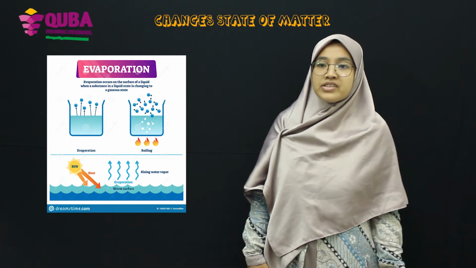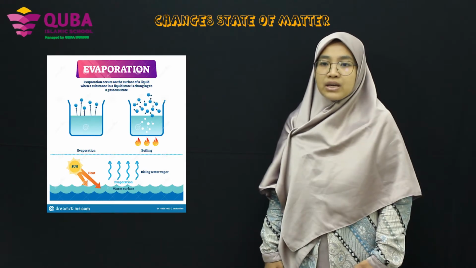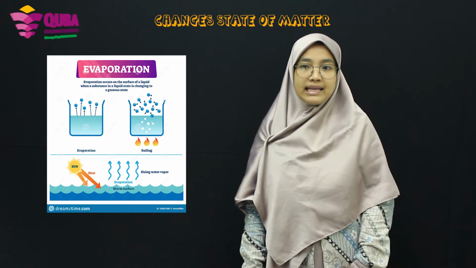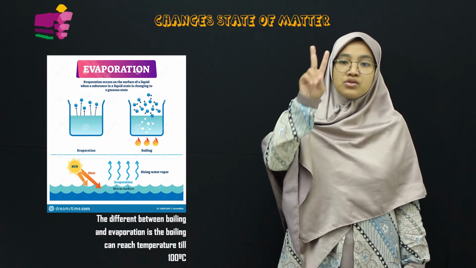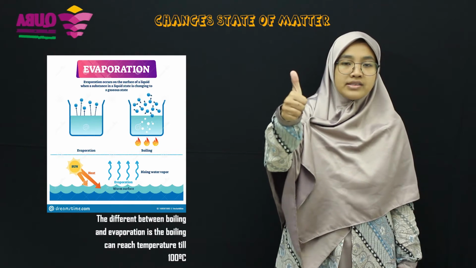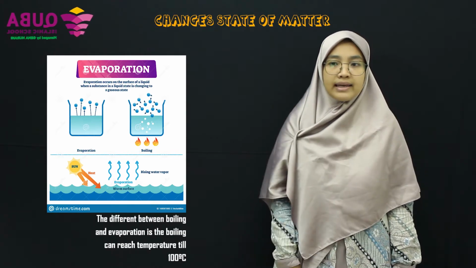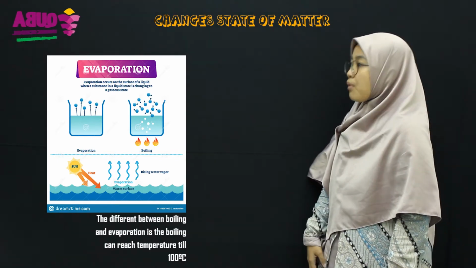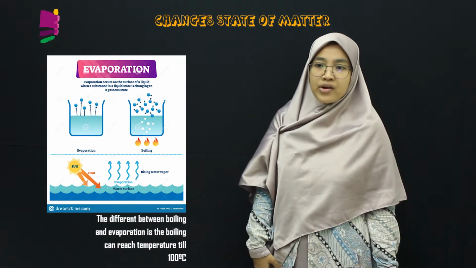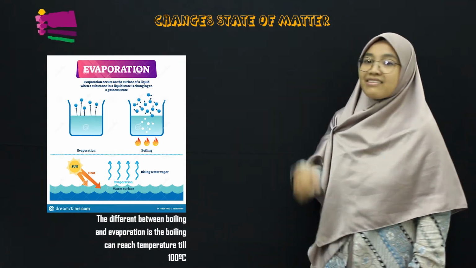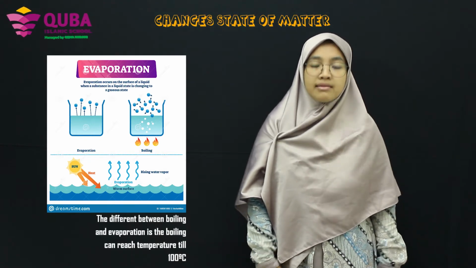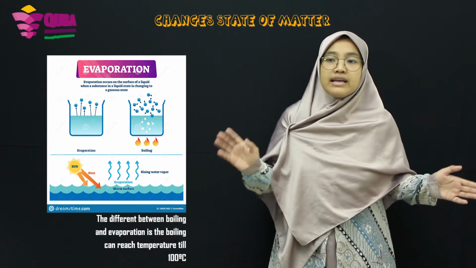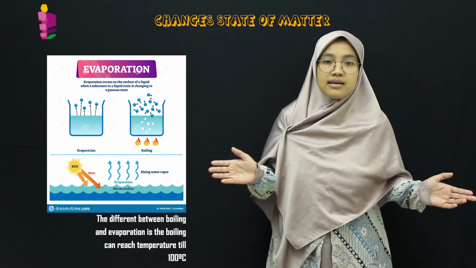The next is evaporation. Evaporation occurs on the surface of a liquid when a substance in a liquid state changes to the gaseous state. There are two: the first is evaporation and the second is boiling. The difference between boiling and evaporation is that boiling reaches 100 degrees Celsius, but evaporation does not have to be 100 degrees Celsius.